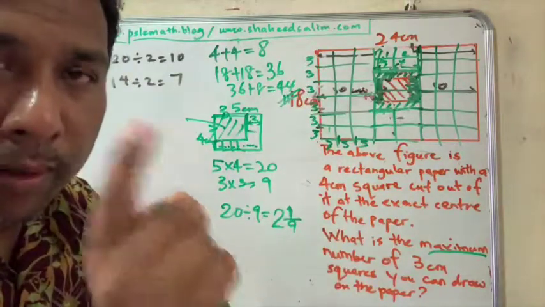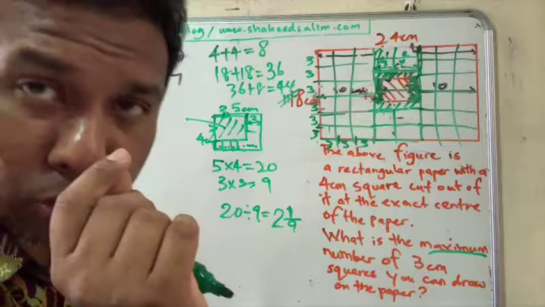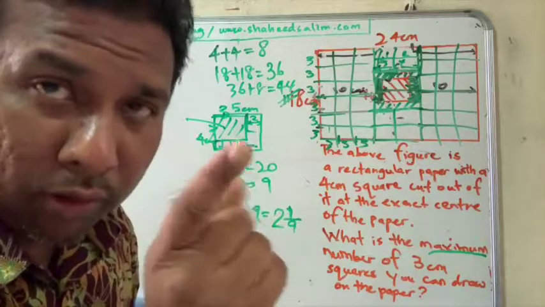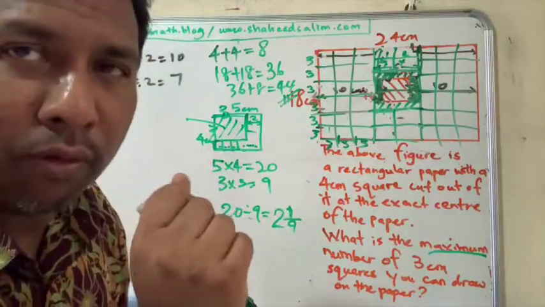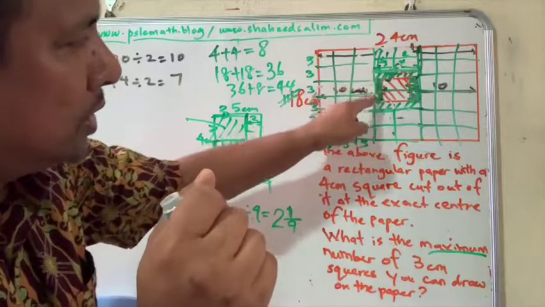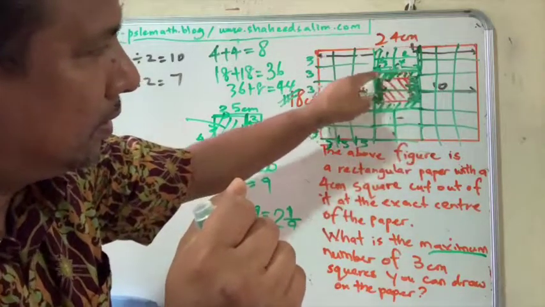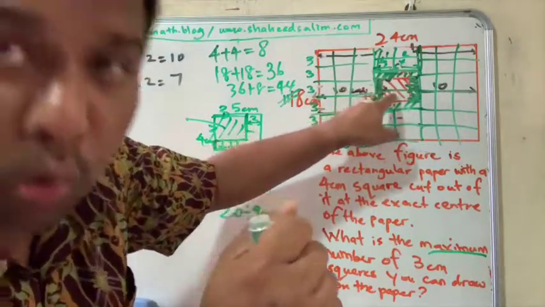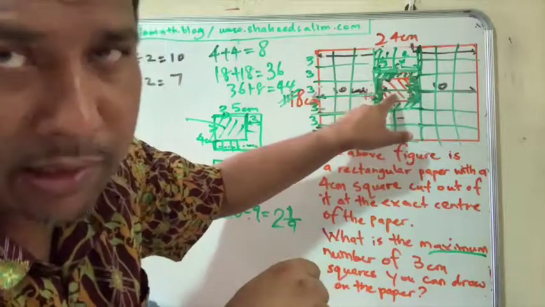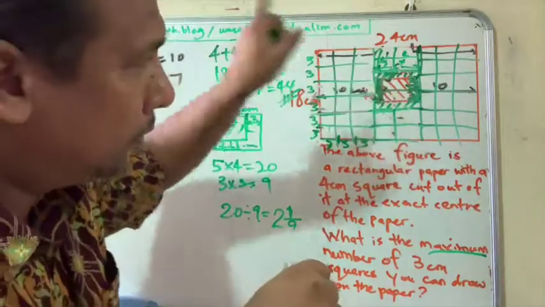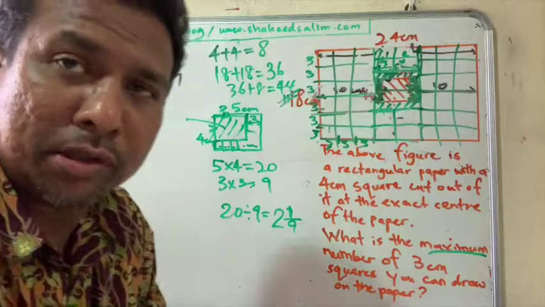The maximum number of 3 cm squares you can draw is 44. And you can't use this space here. Of course, you can't use the one here because it's a hole. You cannot draw in a hole, please. If you can, you would be a magician.